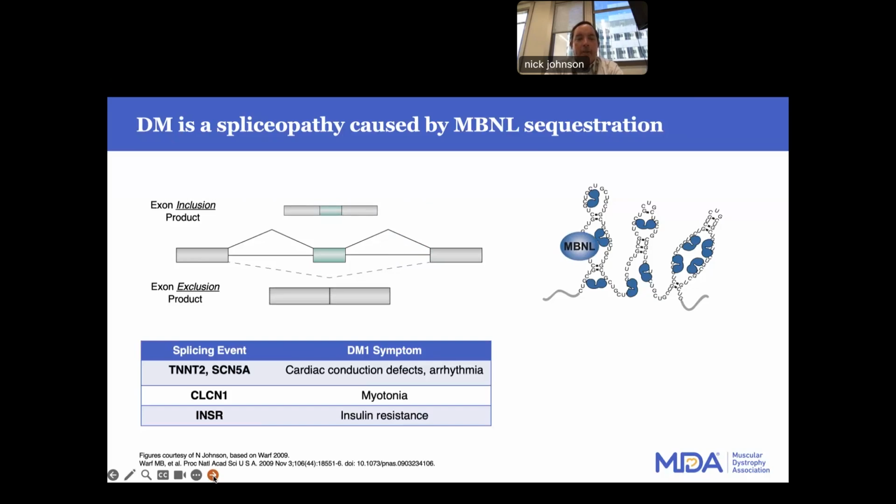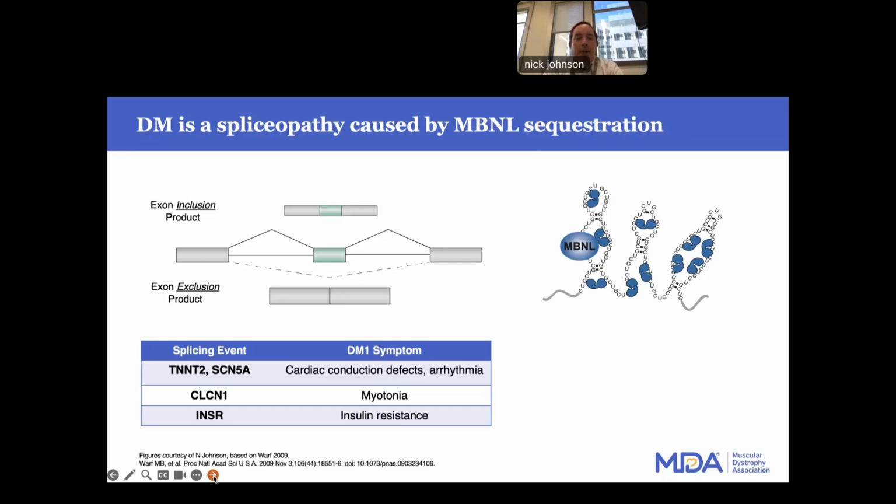So you can see, for example, the chloride channel is misspliced, and that's what causes myotonia. The insulin receptor is misspliced. That may in part lead to the insulin resistance. Several other genes that are important in cardiac conduction, including TNNT2 and SCN5A, are involved with cardiac conduction and may lead to arrhythmias.